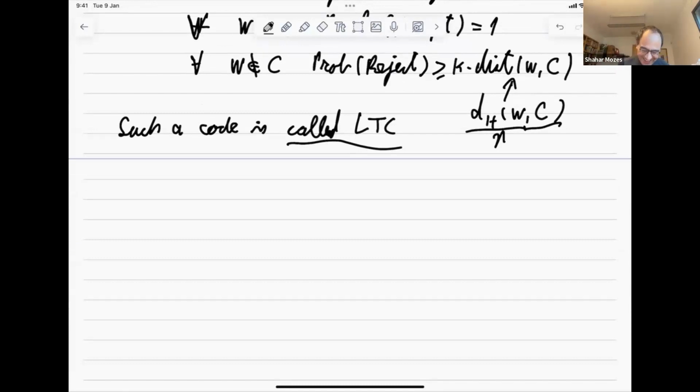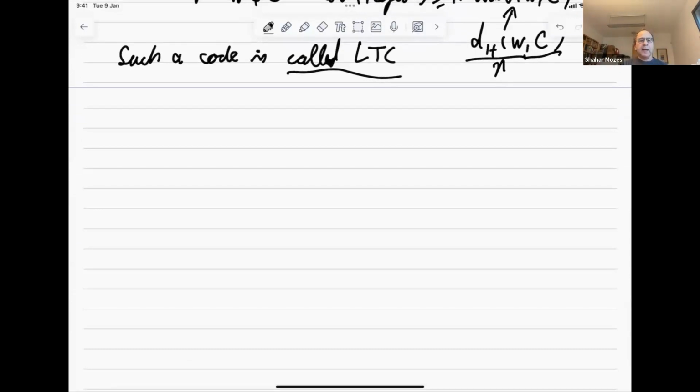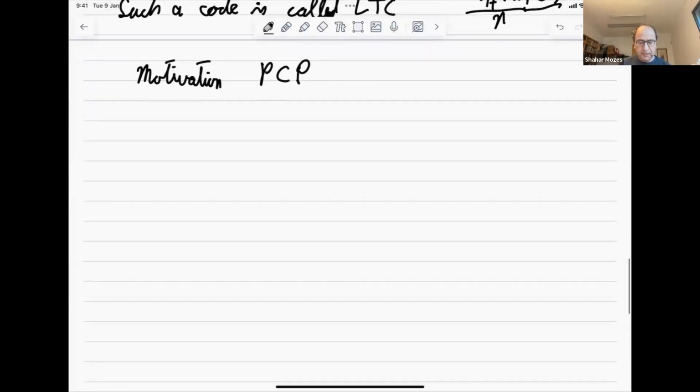Anyway, people were interested in whether such codes exist for various reasons, mostly because the motivation started from what's called PCP, probabilistically checkable proofs. This is something computer scientists developed, saying that you can check whether a proof is correct by looking at very few places, but actually we all do it when we referee.